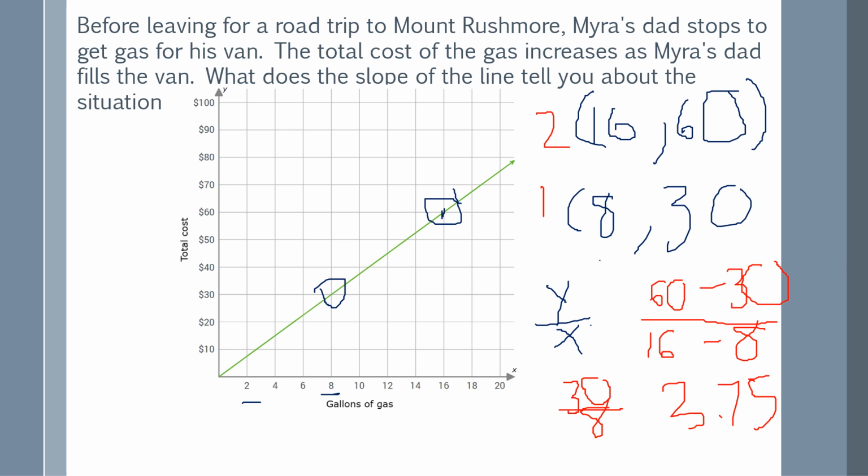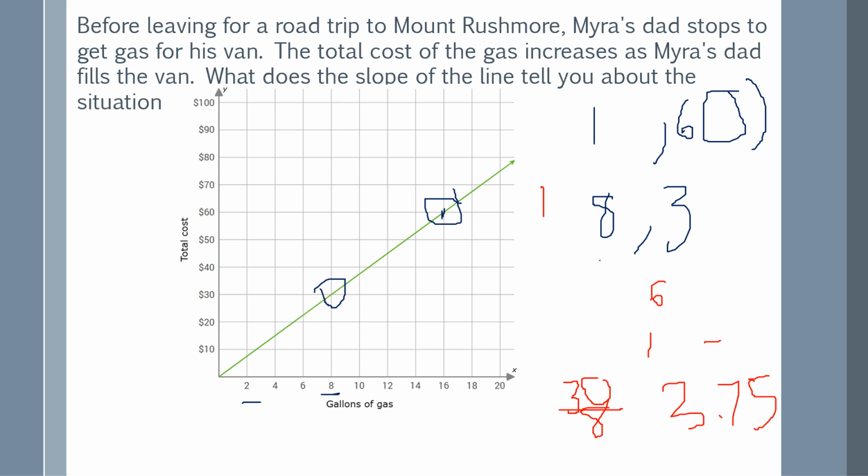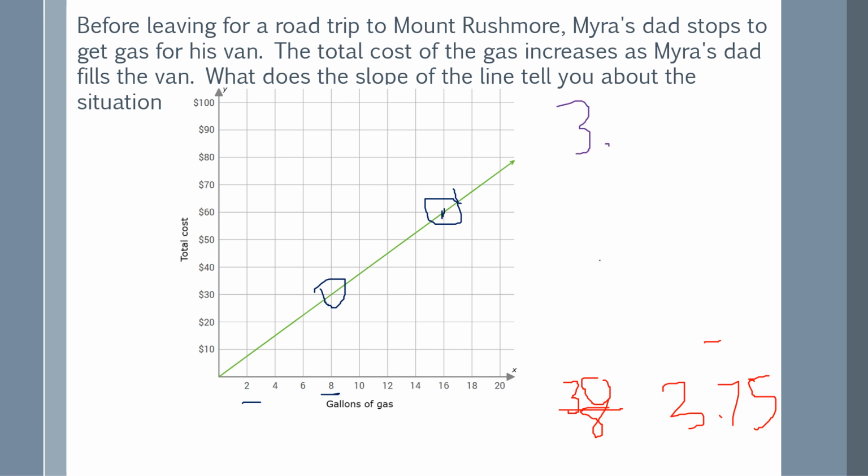So we found the slope, but now we gotta put it in real life context. So how would we put this in context? We know it's cost of gallons. So we could say he spends $3.75 per gallon.